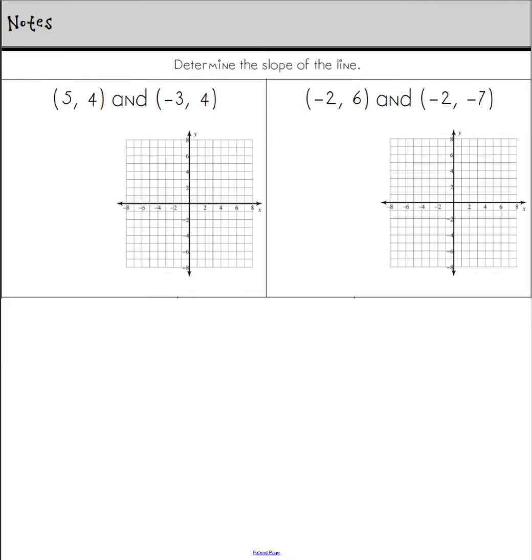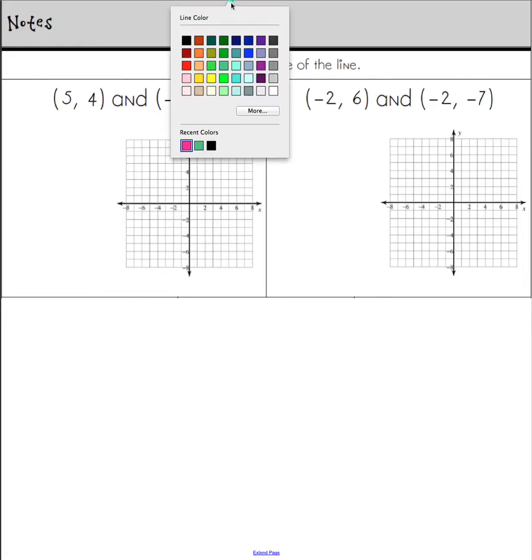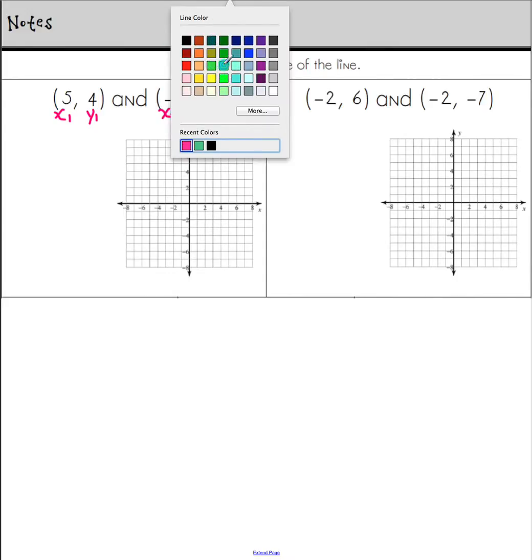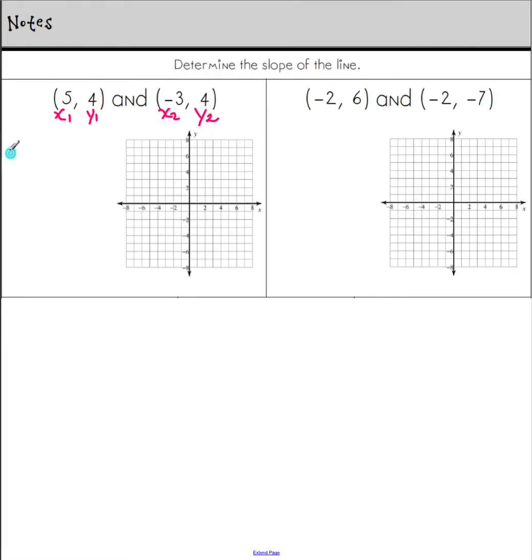Okay, 2 more together. So determine the slope of this line. So if we have the point (5, 4), we have our x sub 1, y sub 1, x sub 2, y sub 2. And we plug those into our formula for slope.